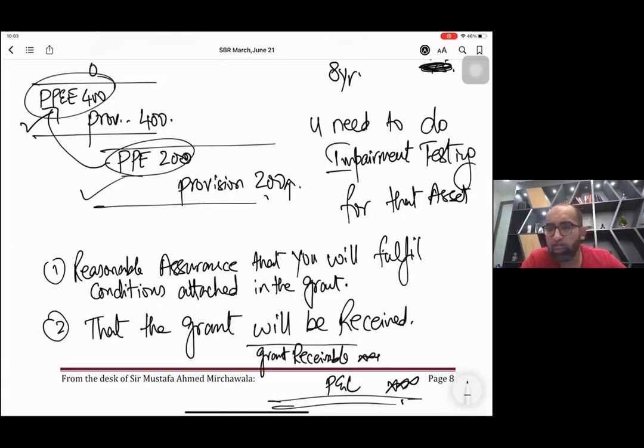So these are the two driving conditions of IS 20. If you want to recognize grant, you must fulfill these two. Now, students, my question to all of you, one question. Do you think we have satisfied these two conditions by the year end?